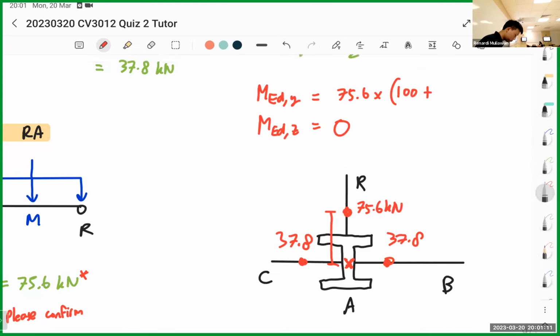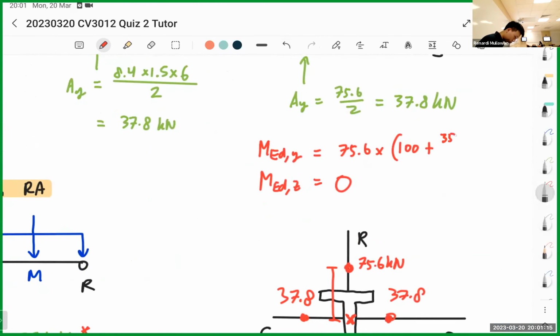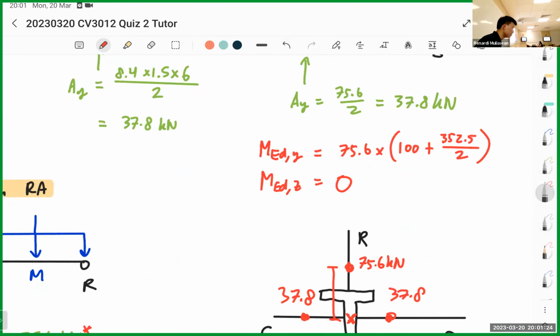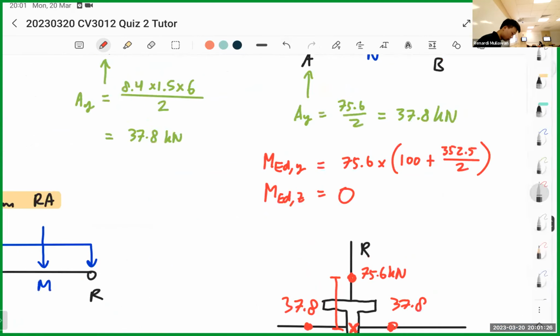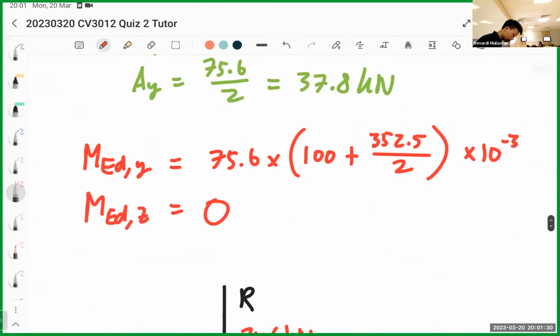Yeah, so h divided by 2. So h is what? 352.5. So 352.5 divided by 2. This is kilonewton, this is millimeters. So it should be in newtons. So I'll just multiply this by 10^-3. So it becomes, let me check.